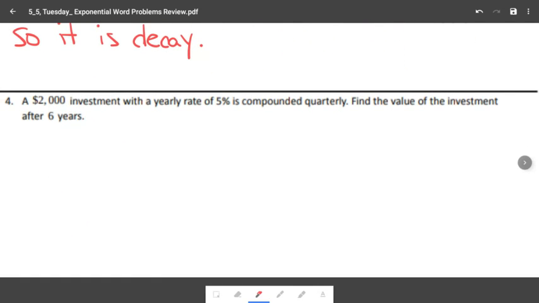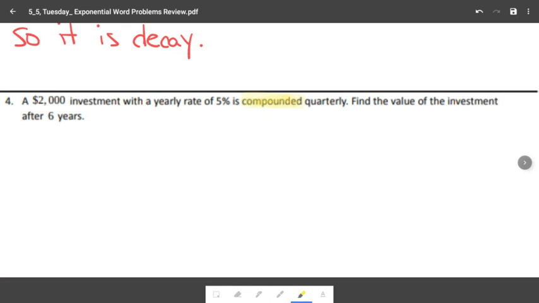Question 2. A $2,000 investment with a yearly rate of 5% is compounded quarterly. Find the value of the investment after 6 years. So again, we're going to go through our keywords. First one is the word continuously here. It is not, so we go to the second keyword we look for, is the word compound there.